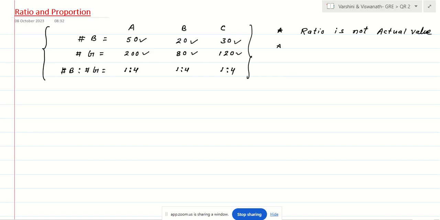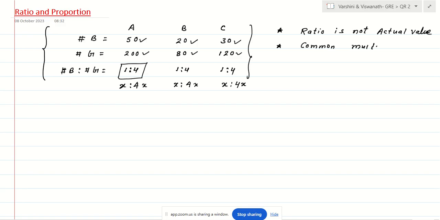And also one point is we'll have a common multiplier, right? In every ratio, we have a common multiplier. So I can write x is to 4x, and I can write here also x is to 4x. Same thing, right? So what about the common multipliers here?